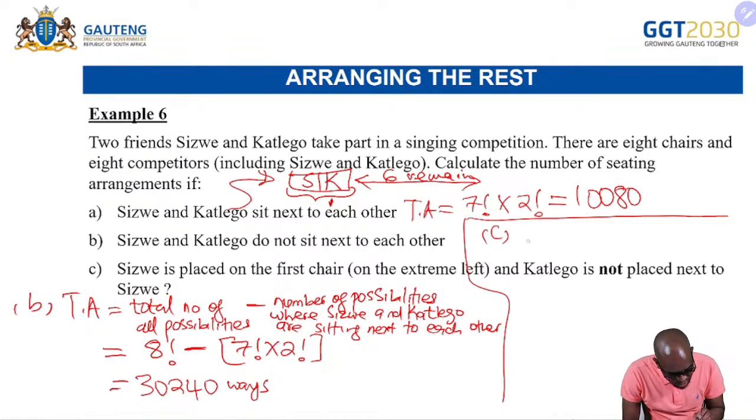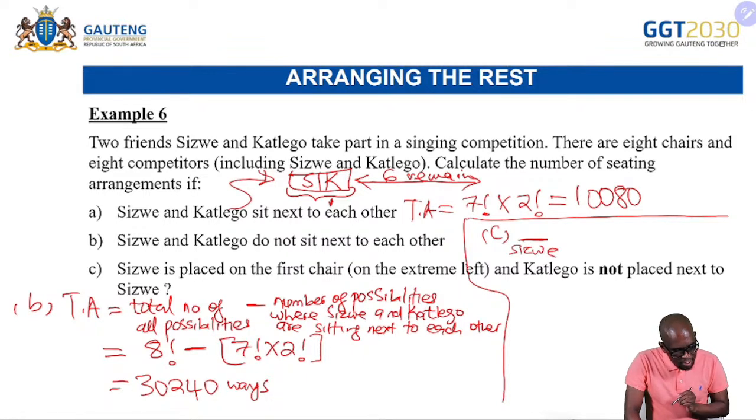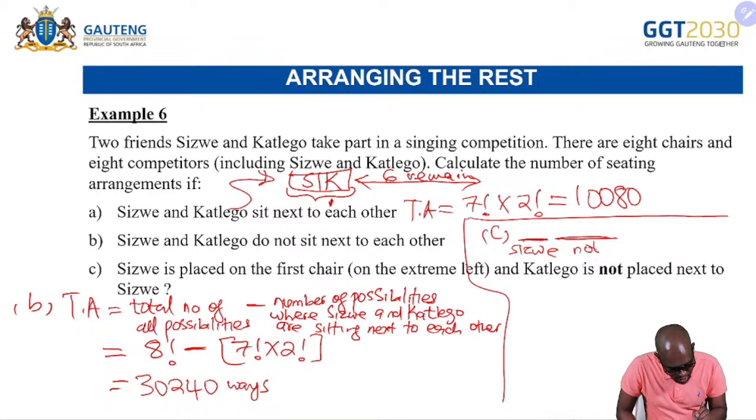So if this is the extreme left, we have Sizwe here on the extreme left, and Katleho is not placed next to Sizwe. So here we should not have Katleho.